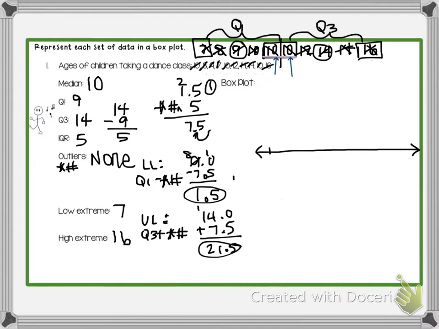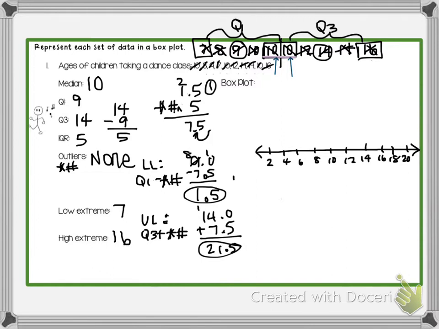Let's see if I can get enough numbers in here. 2, 4, 6, 8, 10, 12. That was kind of far. 14, 16, 18, 20. Okay, perfect.